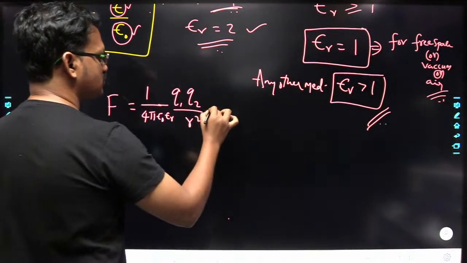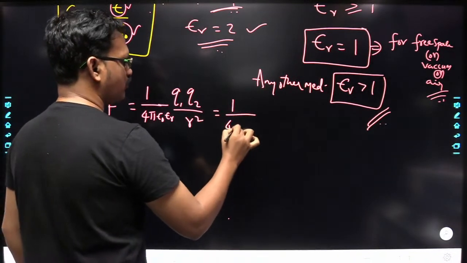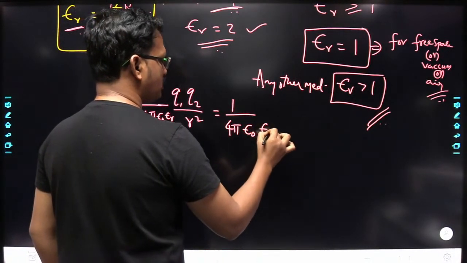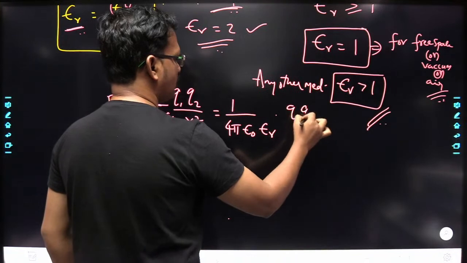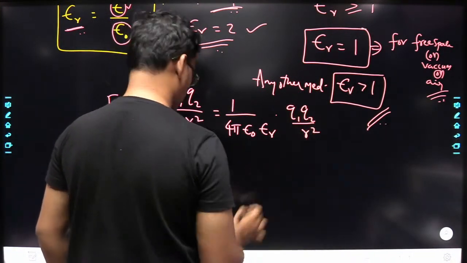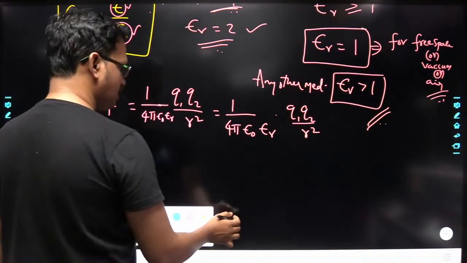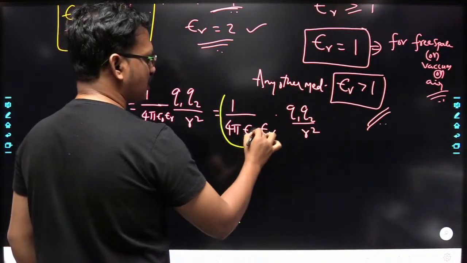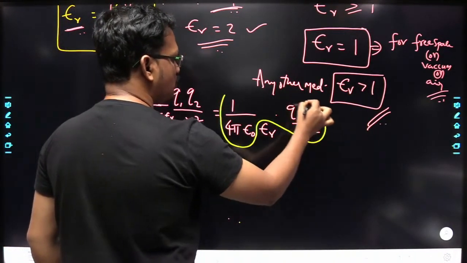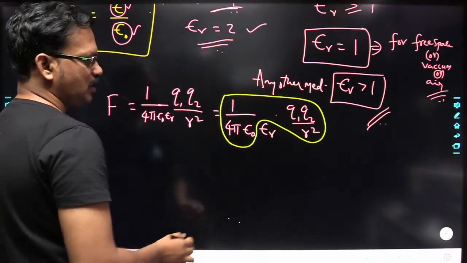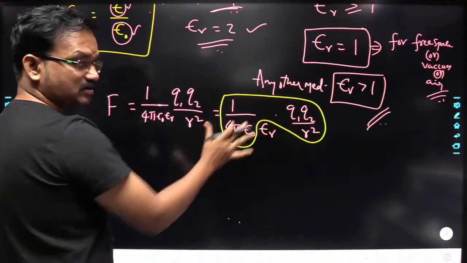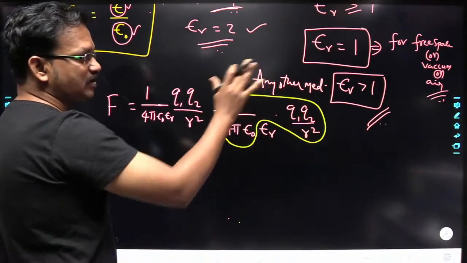So this is equal to 1 by 4 pi epsilon naught into epsilon r into Q1 Q2 by r square. Now, 1 by 4 pi epsilon naught into Q1 Q2 by r square is nothing but the force in air medium or free space.